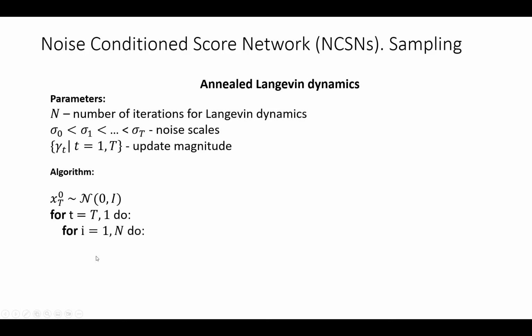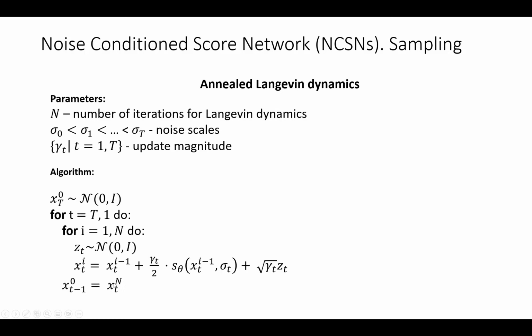Then we have another loop for i from 1 to n, where i is the index. First, we sample the noise, zt, and then given xt at the (i minus 1)th iteration, we get xt at the ith iteration. This is where we use the score function from our neural network. We get the score function, then add these coefficients here, and this is our noise, which we generated here. We keep doing this n times.